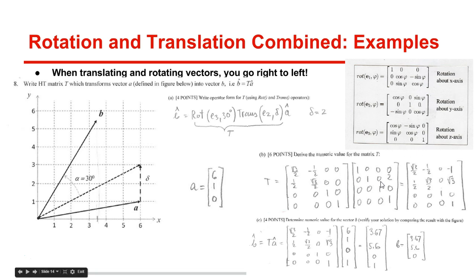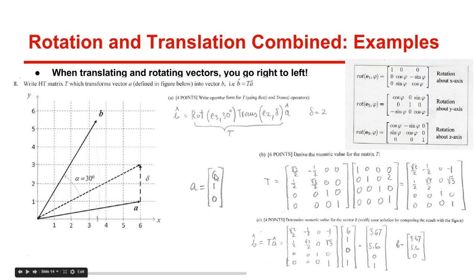When you multiply these, you'll get the transformation matrix, where you have a combination of the translation side, which is -1 in the x, the square root of 3 in the y, and 0 in the z, and you'll have the rotation matrix here. So now at this point, all you need to do is multiply the vector that you want to transform by this transformation matrix. It's as simple as that.